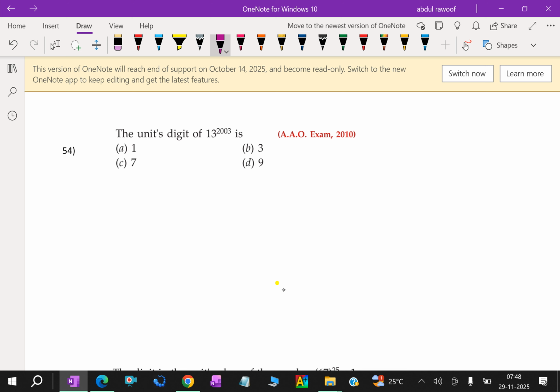We have to split 2003, like 2000 plus 3. 3 power 4 is what? 3 power 4 is 81. Unit digit is 1. Then next we can say 3 power 4 into 2, 3 power 4 into 24, also unit digit is 1.